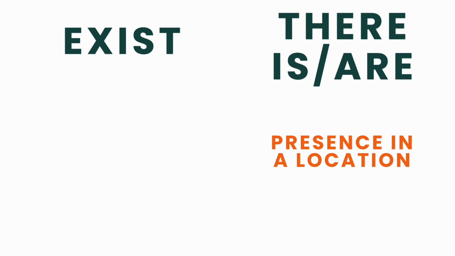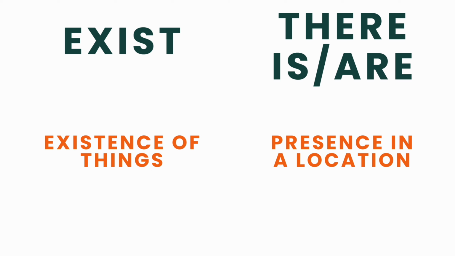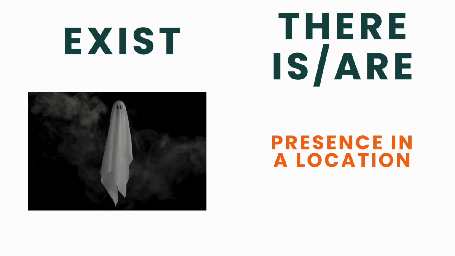But when we talk about the existence of things in the universe, on the planet, we use the verb exist. So let's have a look at a couple of examples. Here we have a ghost. What we can say, ghosts don't exist. So we're talking about the universe and we say they don't exist.